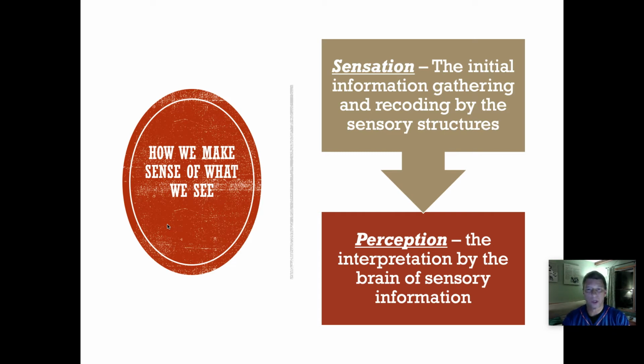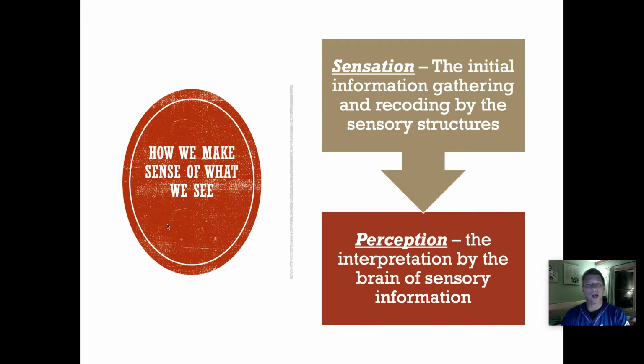The second portion here is probably the most important, and that is perception, because this is the interpretation by the brain of sensory information. As the signals are sent from the eyes through the optic nerve into the brain, the brain then has to make sense of them, and that is what we call perception.